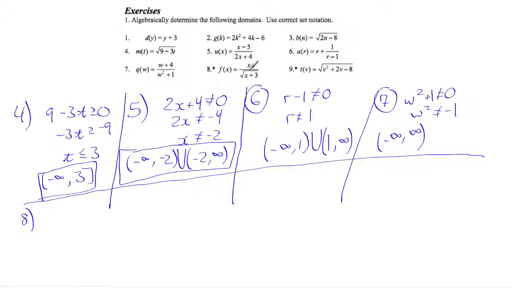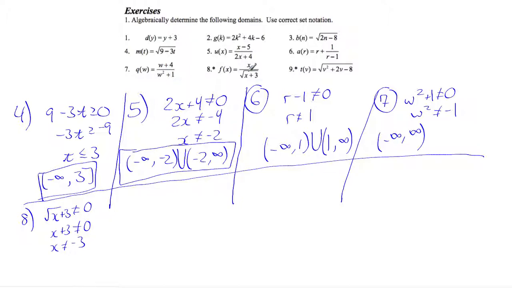Number 8, this square root here, that's in the denominator, so it can't be 0. So square root of x plus 3 cannot equal 0. So that means if I square both sides, x plus 3 cannot equal 0, and so x cannot equal -3.